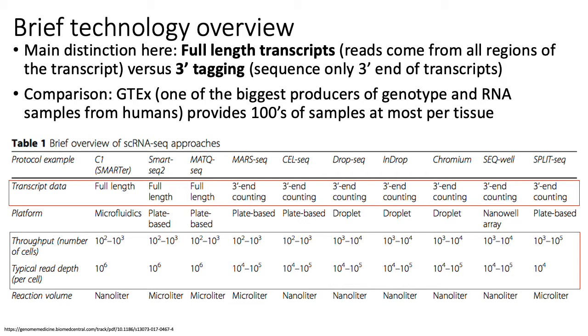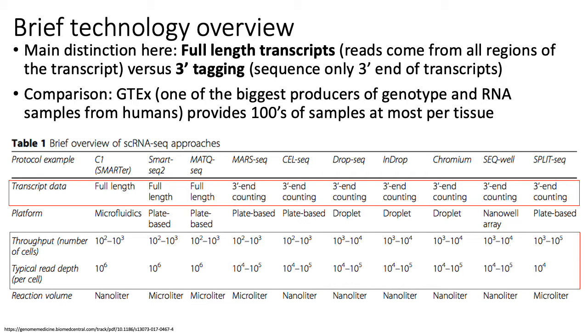Another really important point I want to make is that the throughput we're talking about here is on the order of hundreds to hundreds of thousands of cells. In comparison, some of the biggest gene expression studies that used bulk RNA sequencing, such as the GTEx project that sequenced different human tissues, even these super large consortia that did bulk RNA-seq assays, could only sequence on the order of hundreds, or now low thousands, of samples for the entire project.